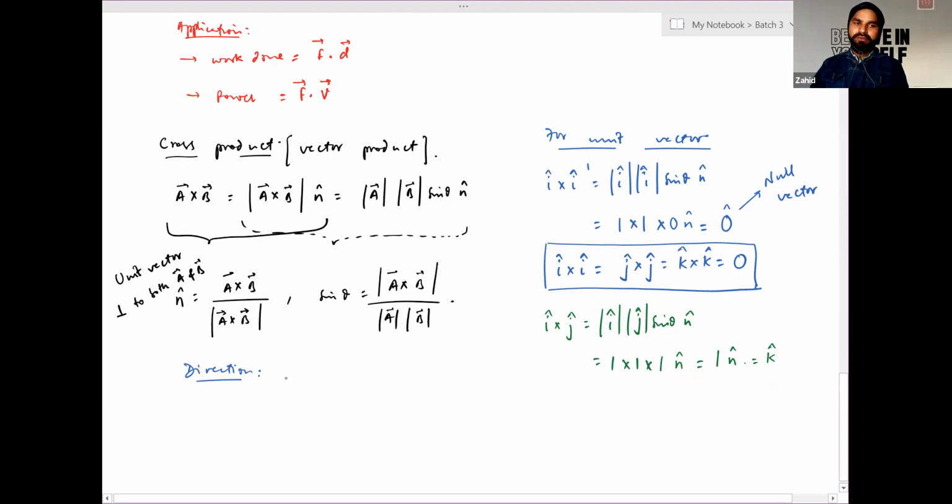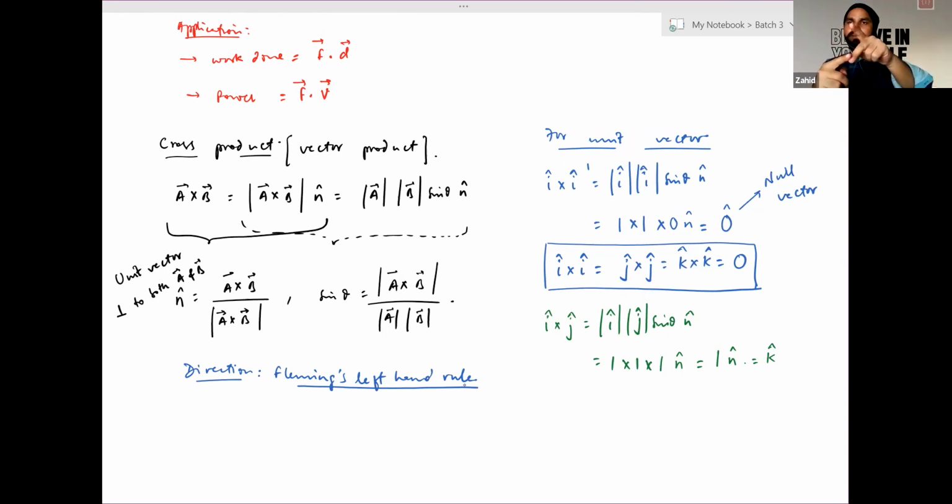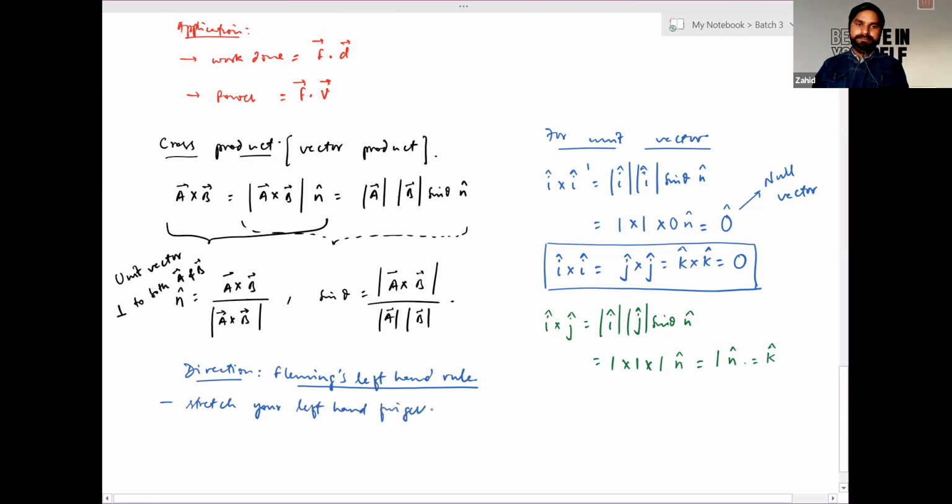To define direction, use Fleming's left-hand rule, which says: stretch your three fingers, thumb, forefinger, and middle finger, so that they are mutually perpendicular to each other.